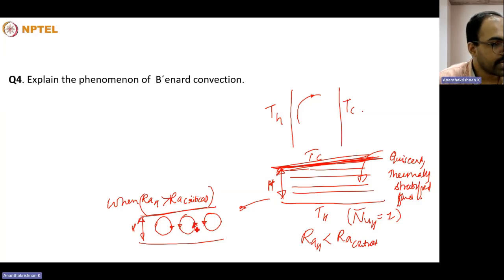And this is counteracting in the sense that the adjacent roll will be opposite to the previous one. So this one goes like this, and the adjacent one will be like this.